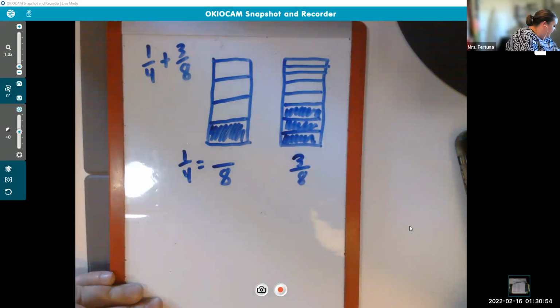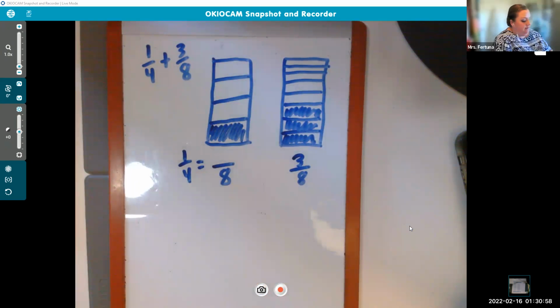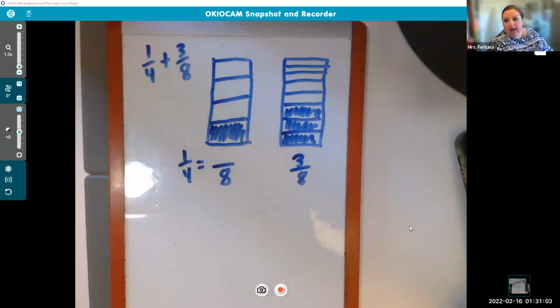The way that we can do that is we can divide this 1/4 chocolate bar into 8 pieces. Right now we have 4 pieces. We can divide it into 8.